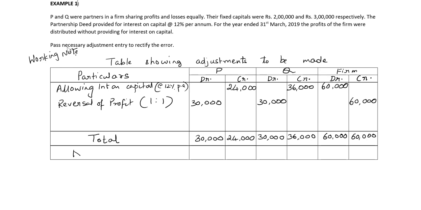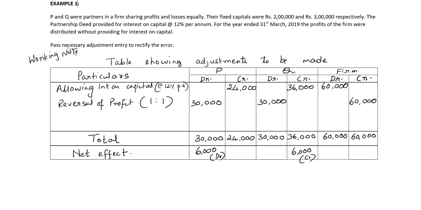Next, we need to ascertain the net effect. Rupees 6,000 debit for P, and for Q it's rupees 6,000 credit.